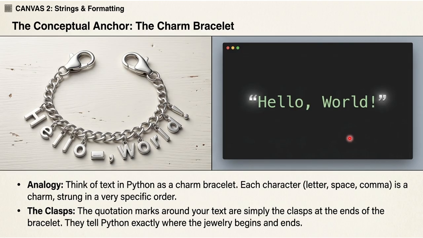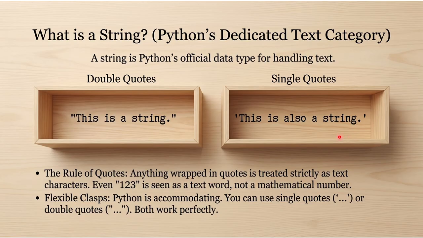After that, let's move on to the next slide. Here it mentions what a string is. A string is Python's official data type for handling text. You can either put it in double quotes or in single quotes. The rule of quotes: we have to be careful over here.